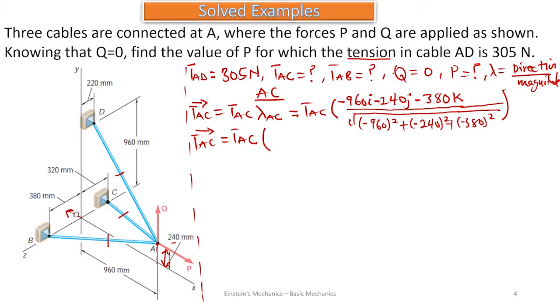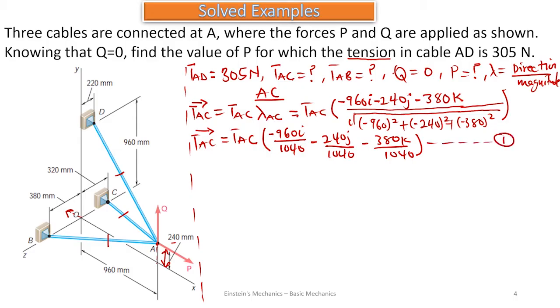So this is going to be the same as negative 960 i over 1040, minus 240 j over the same thing, and also negative 380 k over 1040. Are we good?